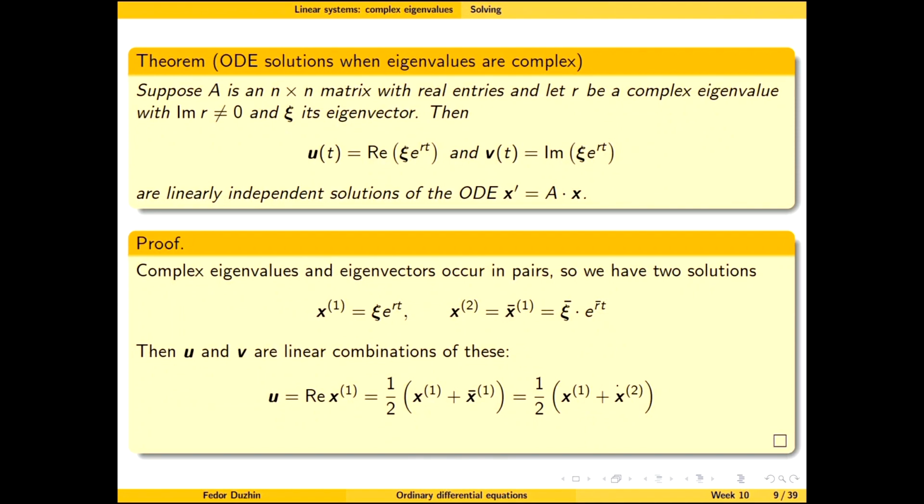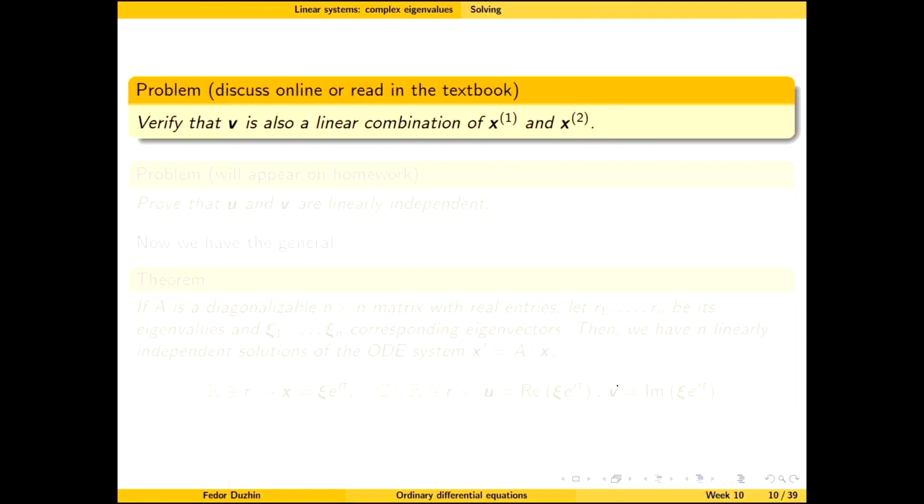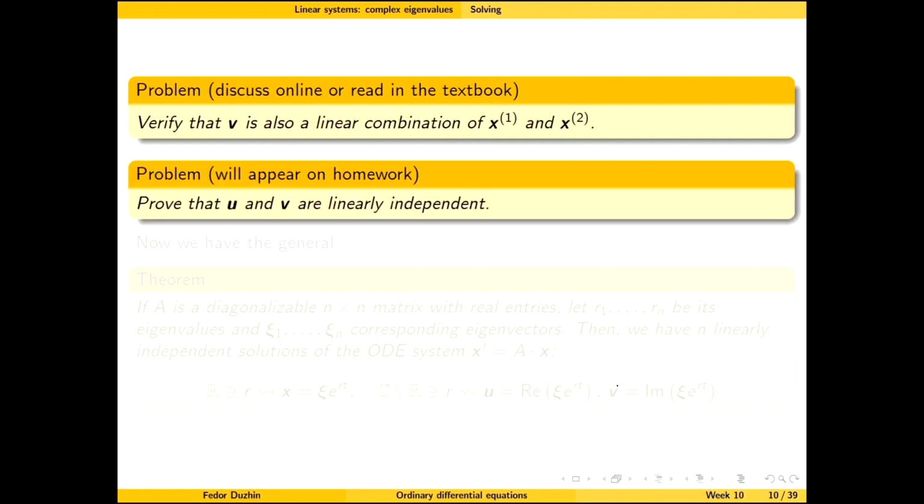So this is the real part, and the imaginary part can be done in a similar way. It is homework for you to figure out how to do the imaginary part. The next thing is to prove that they are actually linearly independent, and that is also going to be on homework, so you don't have to worry about it now.